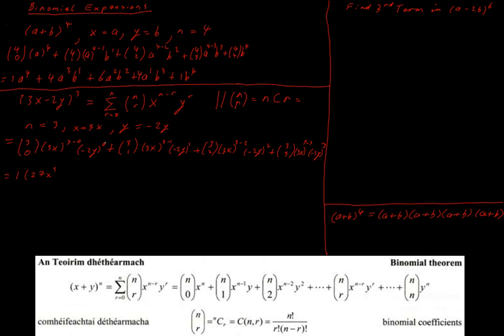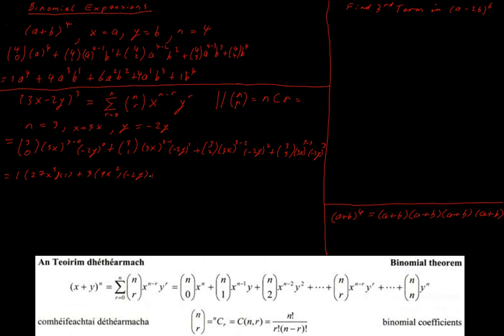And minus 2y to the power of 0 is just 1, so we can put in 1 if we like. Plus 3 choose 1 is 3. 3x to the power of 3 minus 1 is 2, so I would end up with 9x squared multiplied by minus 2y, it has a power of 1.